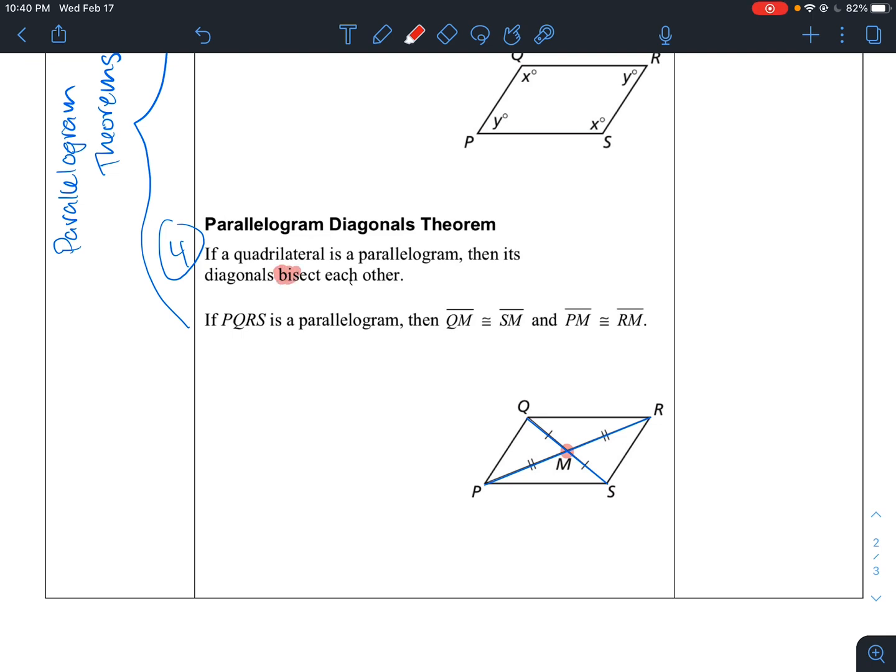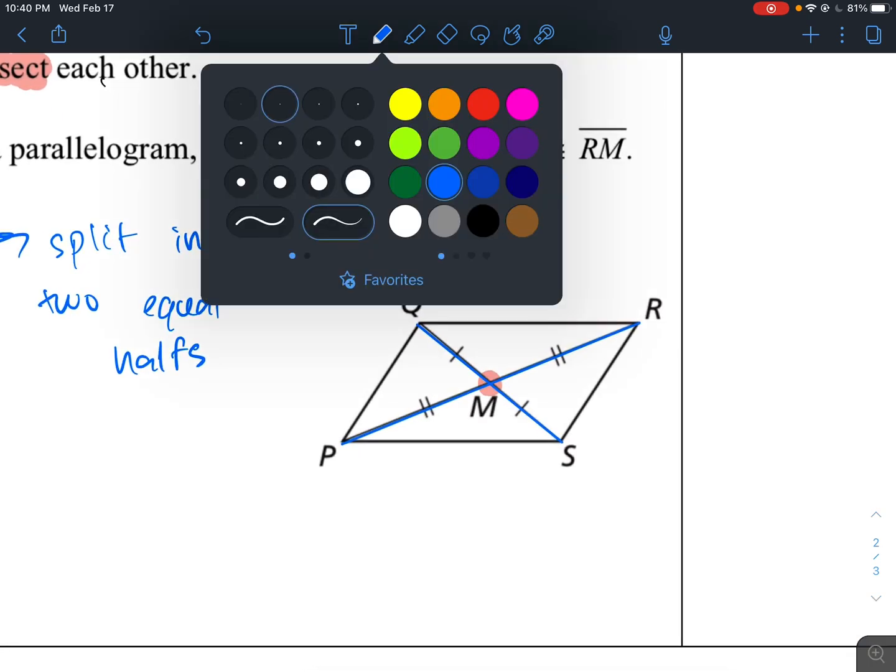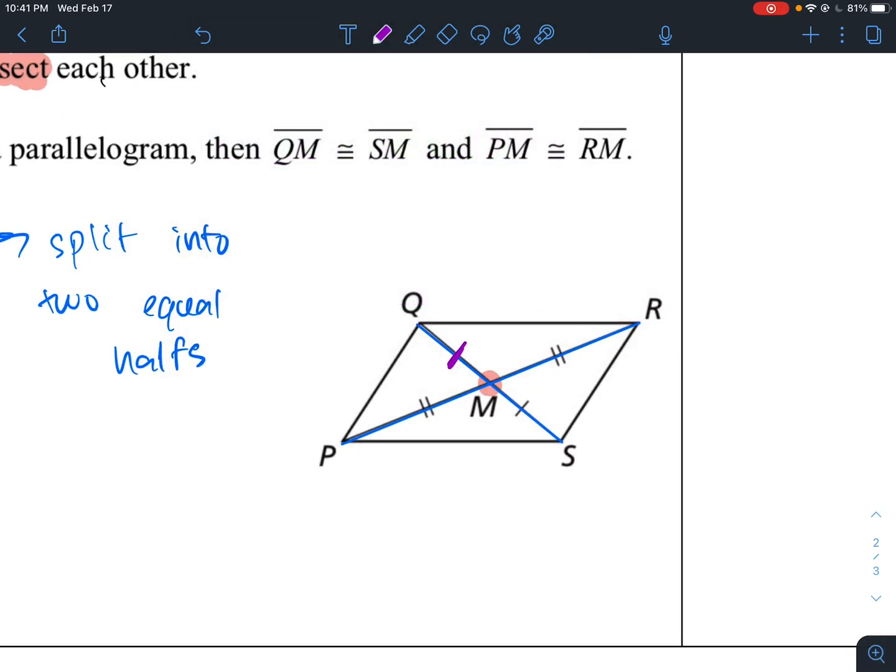Remember that bisect means to split into two equal halves. And so that means that this portion of this line and this portion of this line are congruent, and this portion of these lines are also congruent.